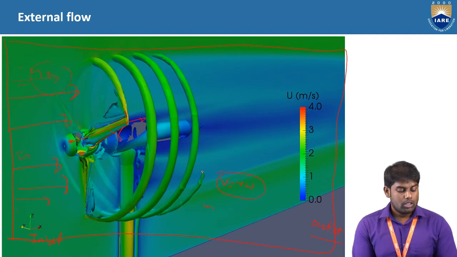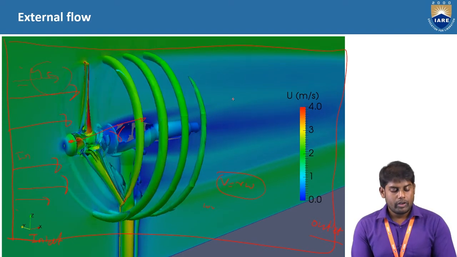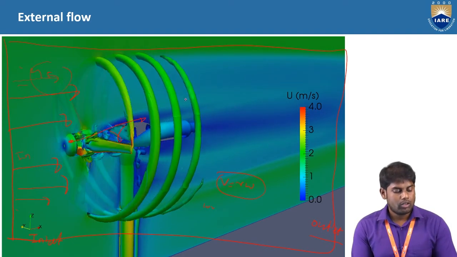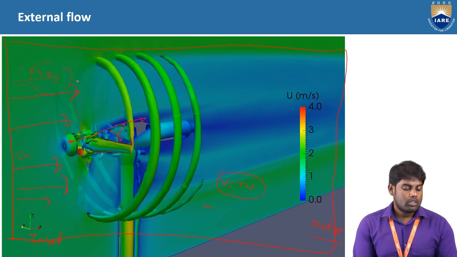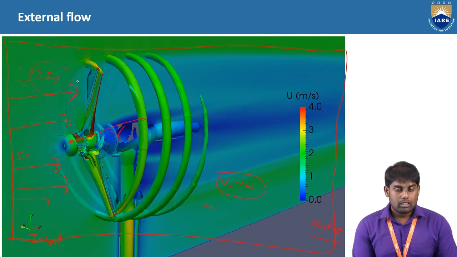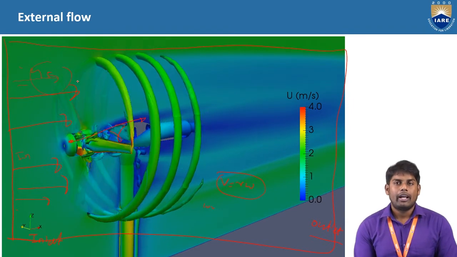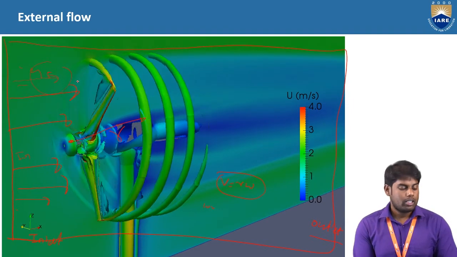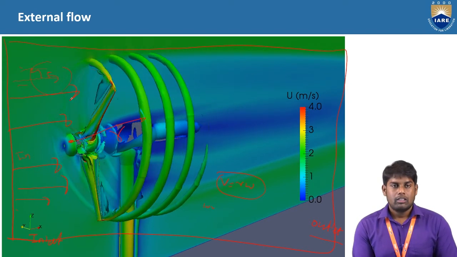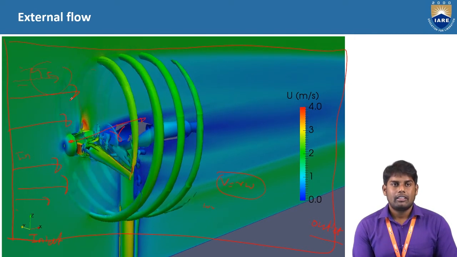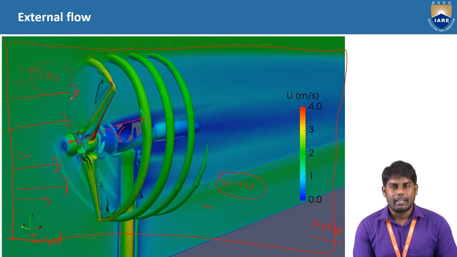Why? Because when the air is going from station 1 to station 2, let's say, the air is moving in open land. When you have installed a wind turbine there, the air flows onto the wind turbine, and the turbine will deviate the air.